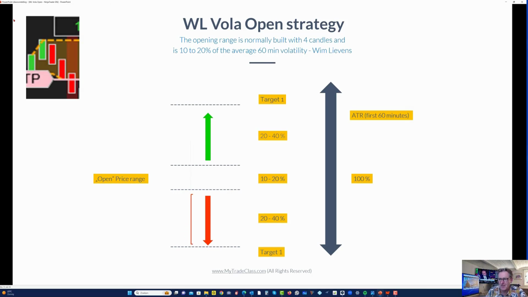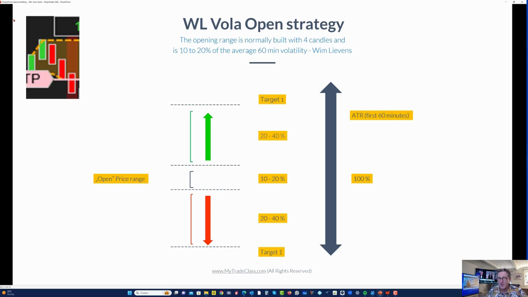And of course, this open range I can control and I can keep very small. Why? Because most open ranges are built on time. But that's a big problem, because sometimes the movements are very strong.